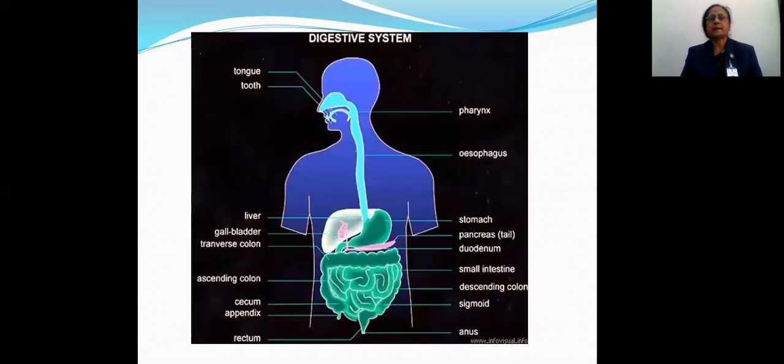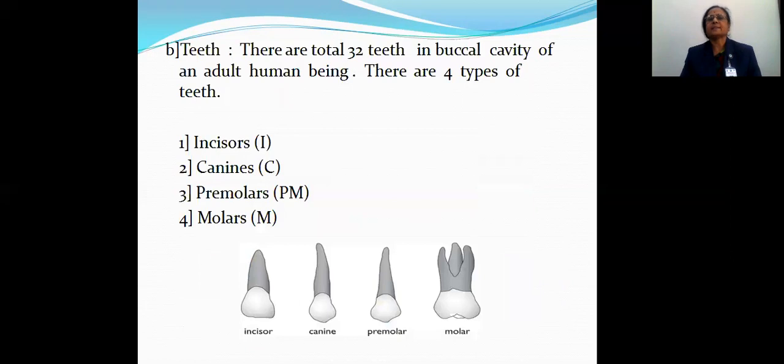The next part is known as teeth. In humans, 32 teeth are present, but in the life cycle of a human being, there are two sets of teeth. So human teeth are known as diphyodont.